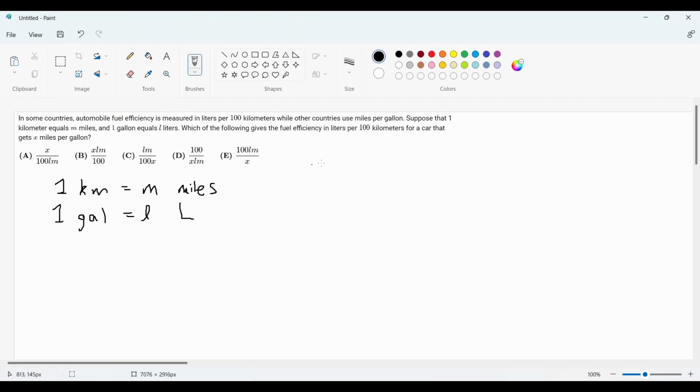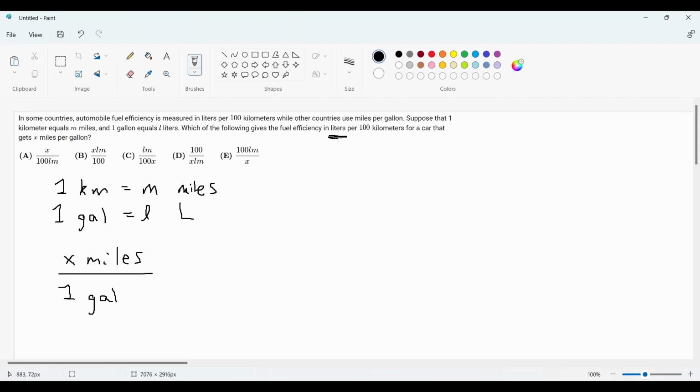Okay, and now we are told that we have a car that goes X miles for every 1 gallon. And our goal is to convert this into liters per 100 kilometers. That's interesting.